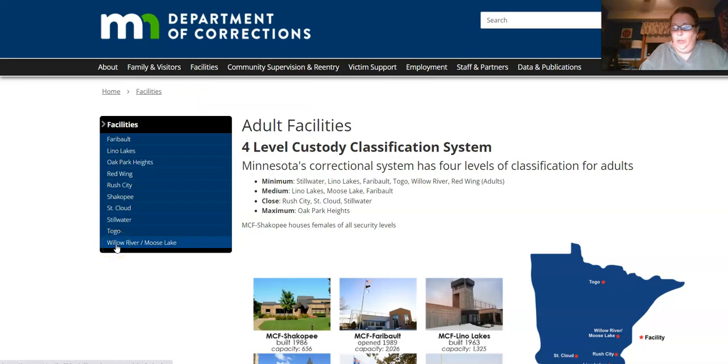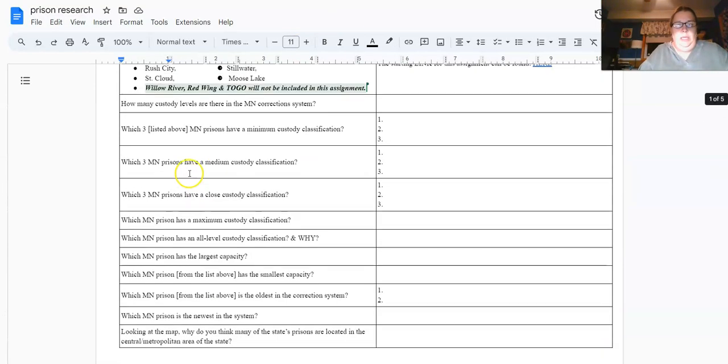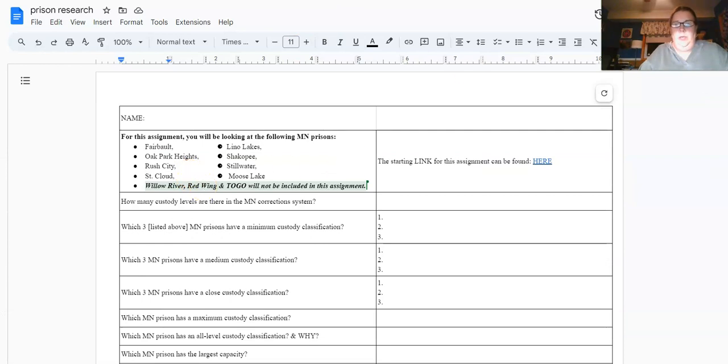We're not doing Willow River, Togo, or Red Wing. There are reasons why, but I just wanted to keep this strictly to the prison system, and these operate a little differently. So we're not including those in the research here. Okay, I'm on the wrong one.